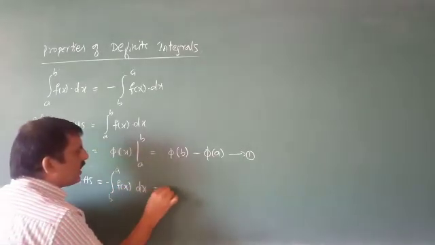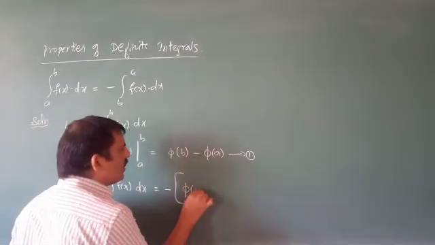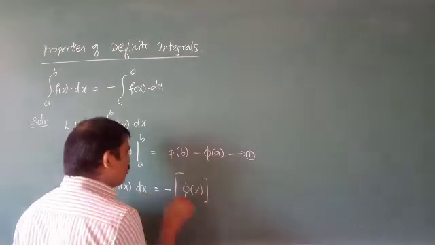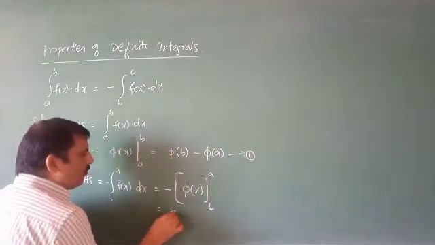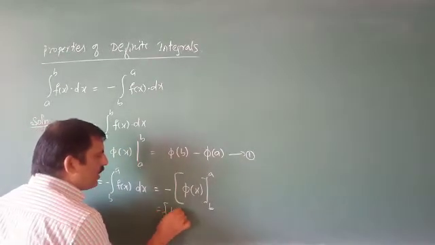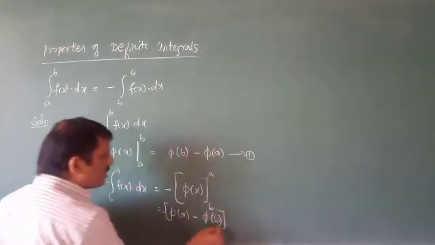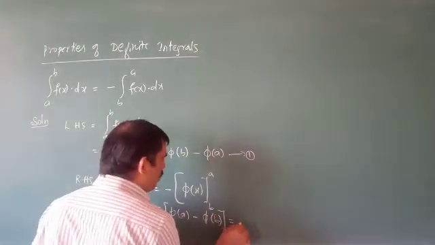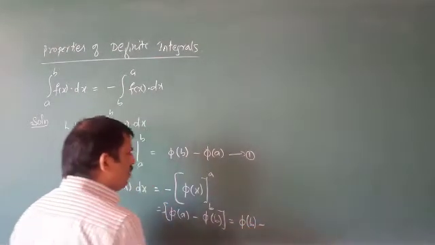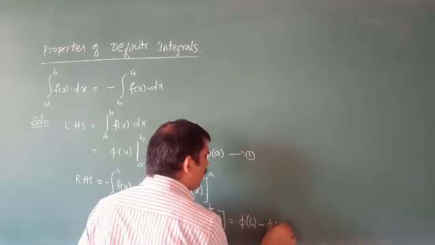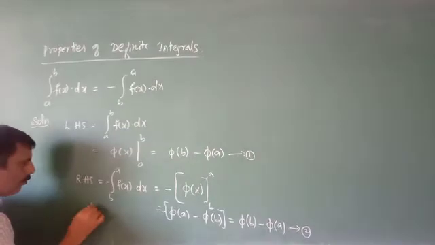Keep the minus as it is. That is equal to minus phi of x from b to a, which is minus of phi of a minus phi of b. Multiplying the minus, minus into minus is plus: phi of b minus phi of a. That is equation 2.